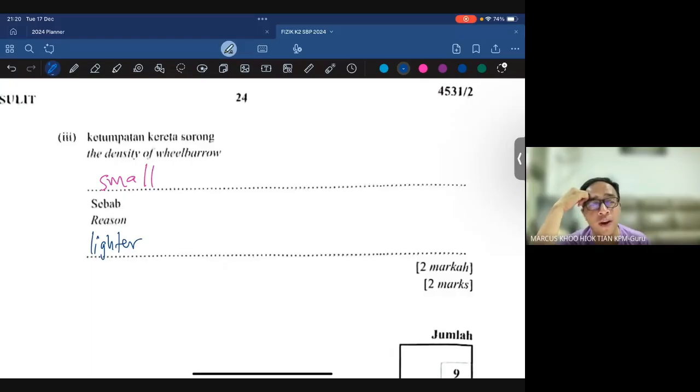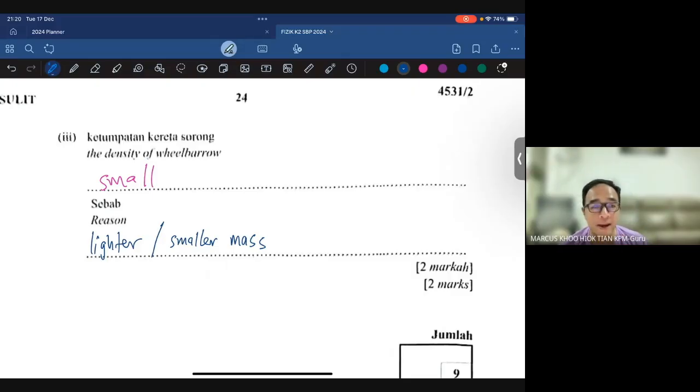Macam kalau budak form 5 guna jawapan lighter kan macam terlampau senang lah. Okay, so let's make it a little bit more physics lah. Okay, instead of saying lighter, I suggest say smaller mass. It's like this big anticlimactic answer lah.